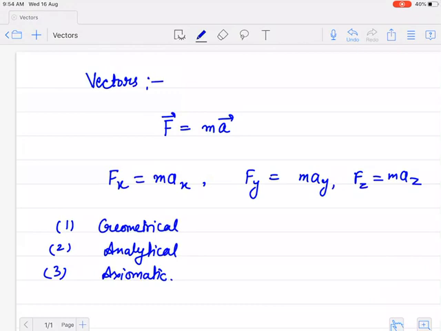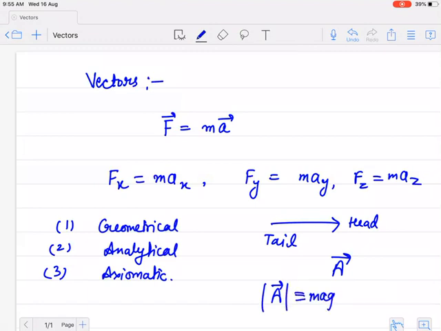In a geometrical point of view, a vector is denoted as an arrow. It has a head and a tail. In an analytical manner it is written as a or b vector, where the magnitude is the length of the vector, and it shows the directional arrow.